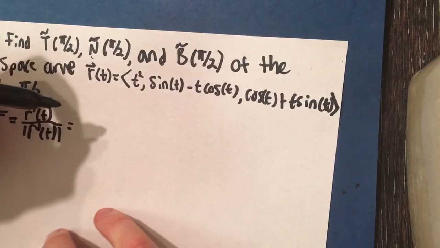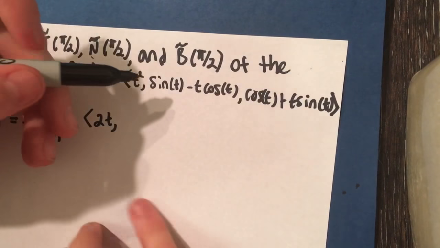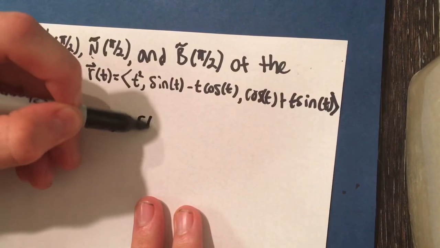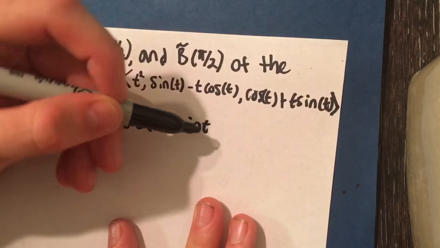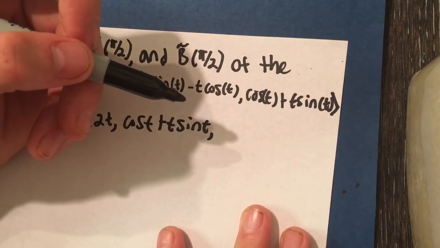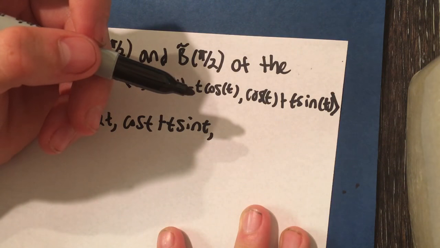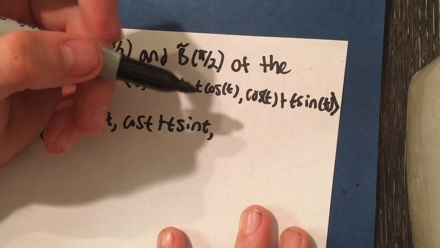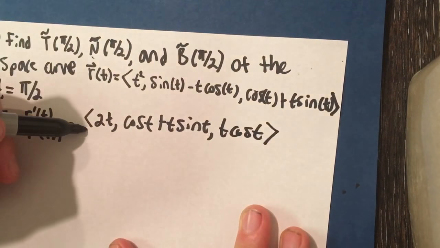When we write this out, we get, for the derivative, 2t, comma, cosine t plus t sine t, comma, t cosine t. And that is the numerator.